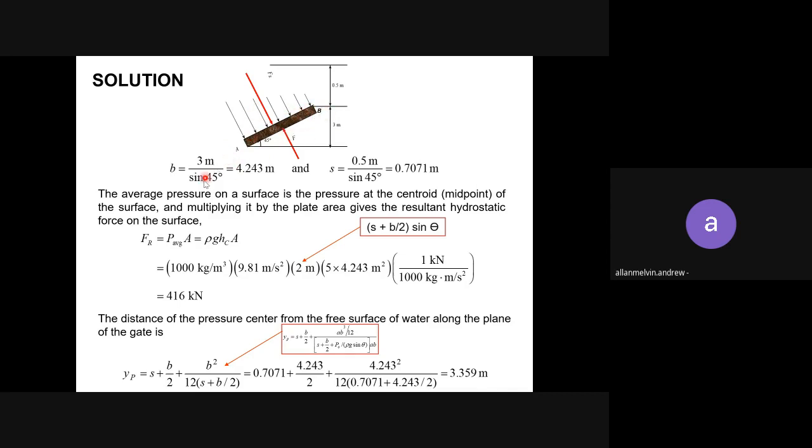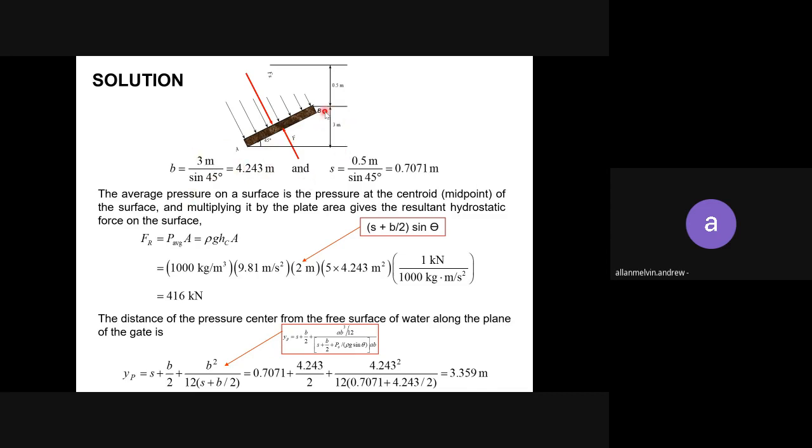So you take the sine of 45. Trigonometry: the length of B is 3 meters divided by sine 45. If you don't know how you got this, go and refer back to your maths. So the length of A to B is 4.243 meters.